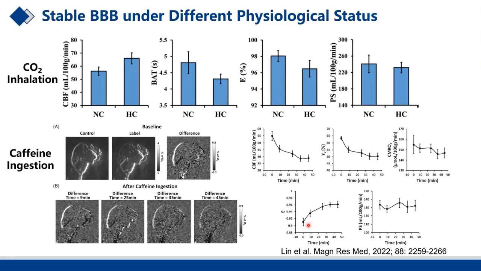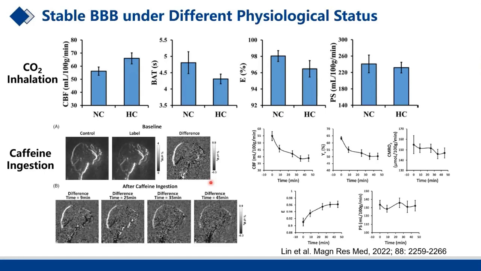We want to use these stimulators to change your physiology and see if the BBB permeability measurement is still stable or not. Here we found that after CO2, there's an increase in the CBF, of course, a decrease in the bolus arrival time, and a decrease of the extraction fraction, but the PS value remains relatively stable.